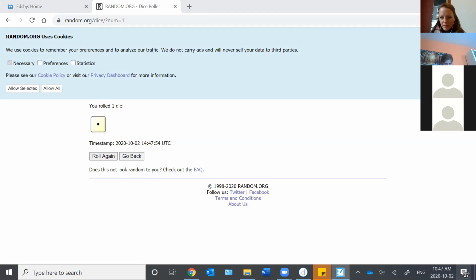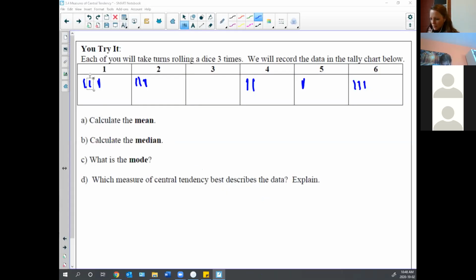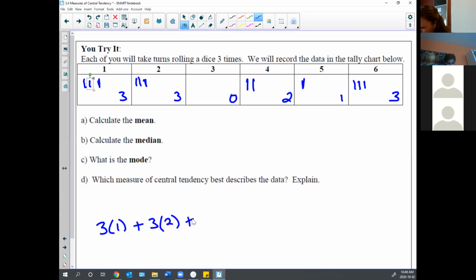All right, let me go back to my other screen. Okay, can you guys see my smartboard screen now? Yep. Awesome. Okay, so we had 3 1s, 3 2s, 0 3s, 2 4s, 1 5, 3 6s. For the mean, I have to add together all of this. So remember, the quick way of doing it is just to do 3 times 1, because we got 3 1s, 3 times 2, 0 times 3 is 0.